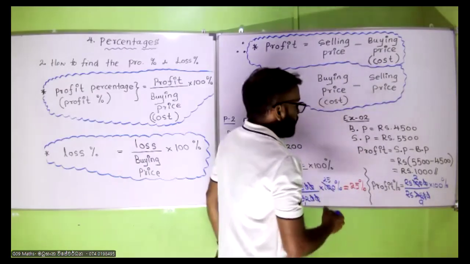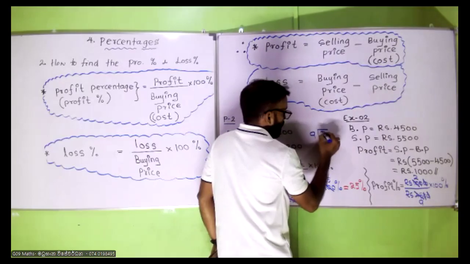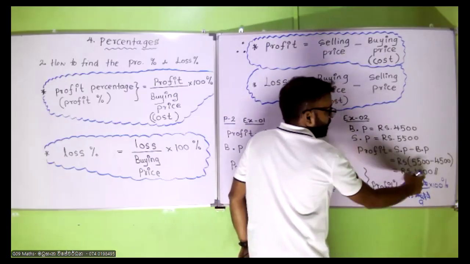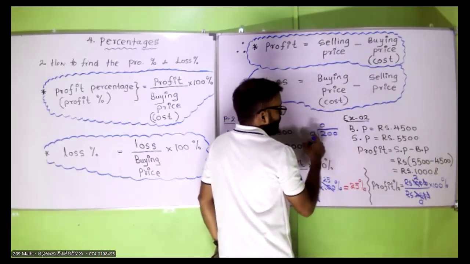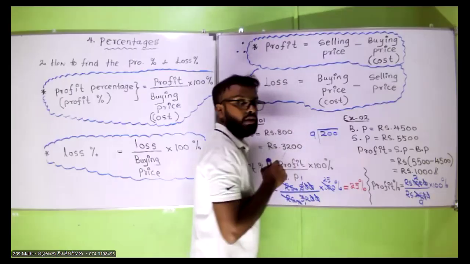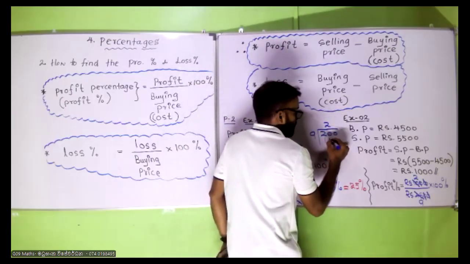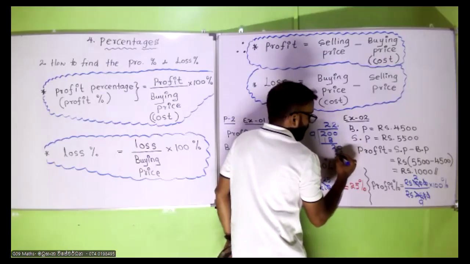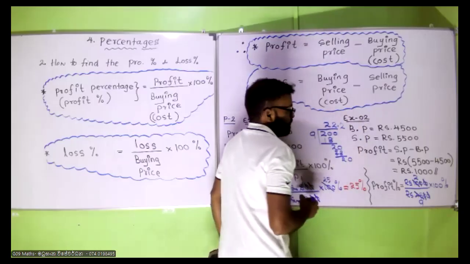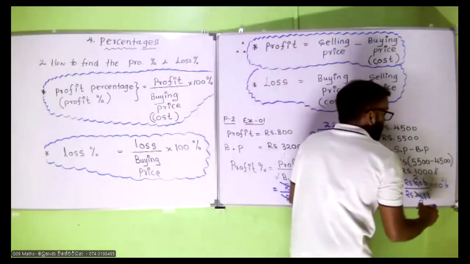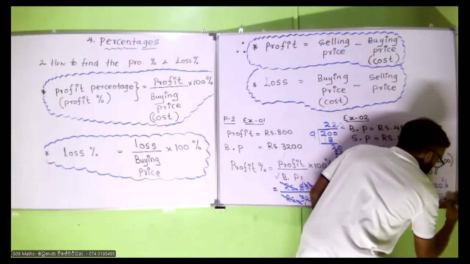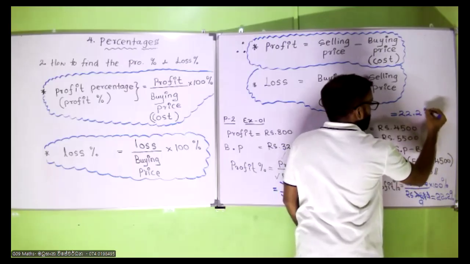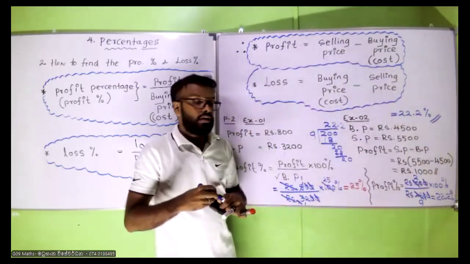So 2 divided by 9, multiplied by 100, so the numerator becomes 200. 200 divided by 9 gives 22.2%. Your answer is perfectly correct.